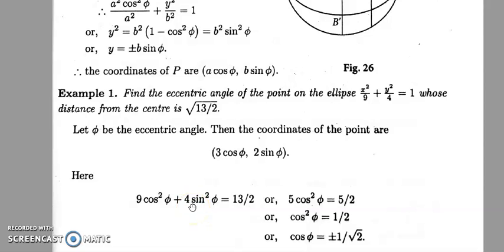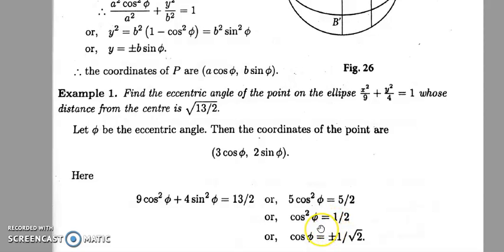So here you will get, so you can write it as 5 cos square phi plus 4. അപ്പോൾ ഇവിടുന്ന് 4 cos square phi എടുക്കാം. So that will become 4 into 1. So subtract 4 from 13 by 2. So upon simplifying you will get 5 cos square phi equal to 5 by 2. 5 will cancel off. So cos square phi will be equal to 1 by 2.